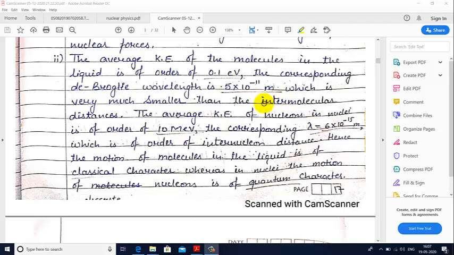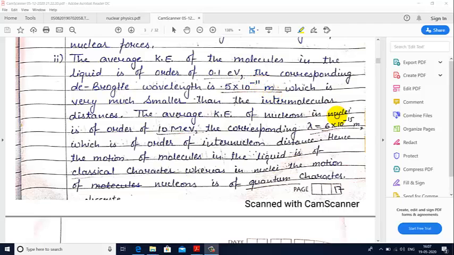So we can see here that the value of the de Broglie wavelength in case of liquid drop and atomic nuclei is quite different. Well, this is much smaller as compared to this. So 10 raised to power minus 15 is smaller than 10 raised to power minus 11 meter.